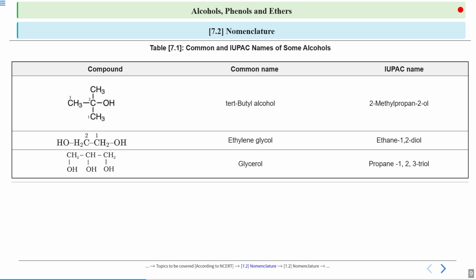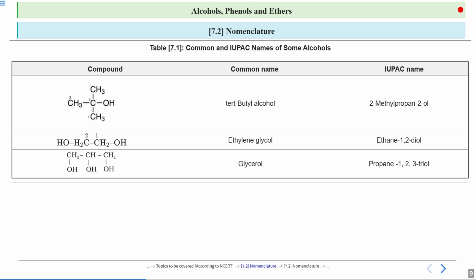Next compound is a special one because it contains 2 OH groups, which are attached to adjacent carbons. So this is ethylene glycol. The common name is ethylene glycol, and the IUPAC name is ethane because of the 2 carbon chain. So ethane-1,2-diol.